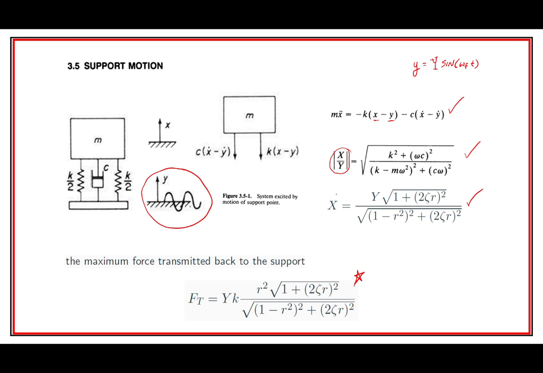All right, so we have this X up in this top form up here. But if someone asked you, okay, this is the position transmissibility, but what would be the force transmitted? This is a little bit different from our previous usage of transmissibility in forces, because before we had a force like an F0 times sine of omega t that was being applied to the thing.